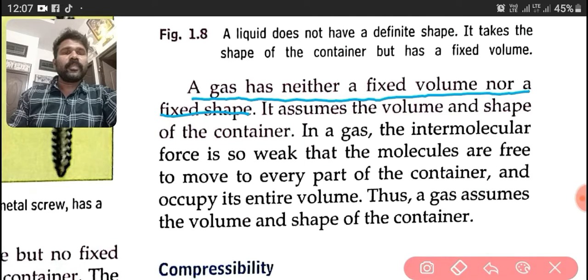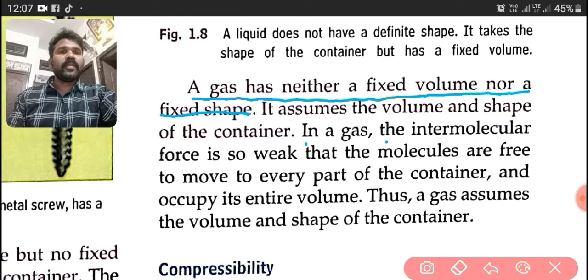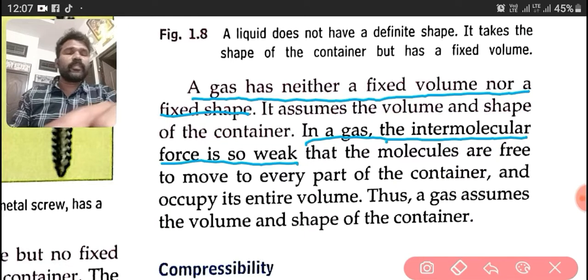The reasons are, write it. First point, in a gas, the intermolecular force is so weak.